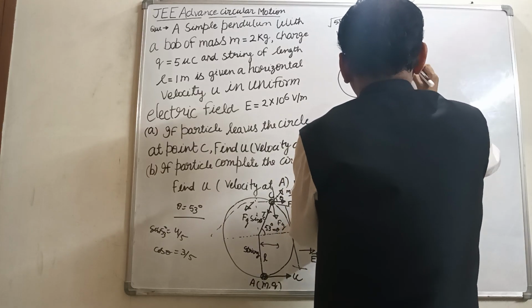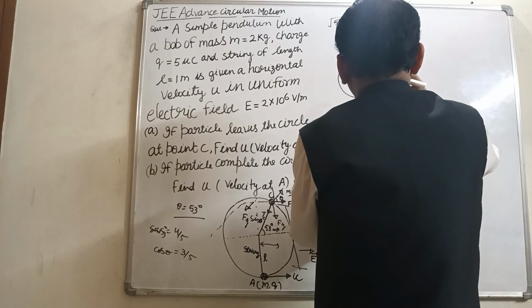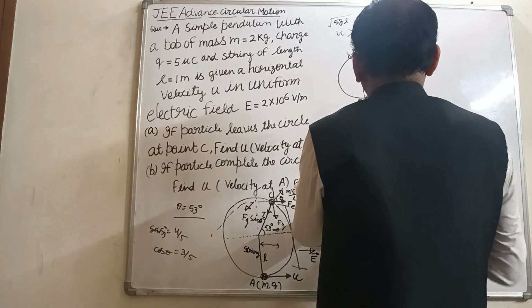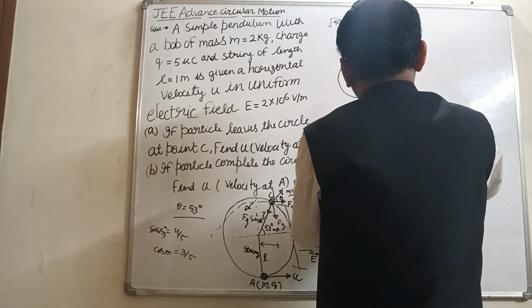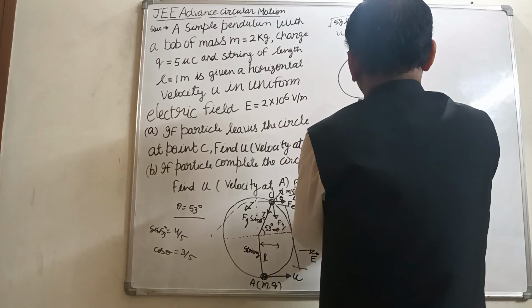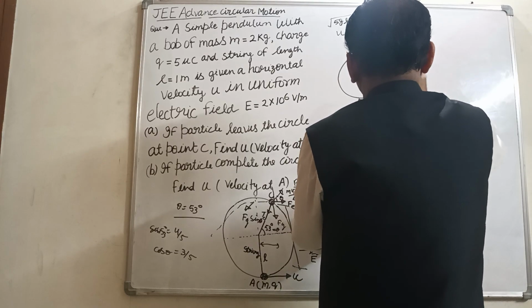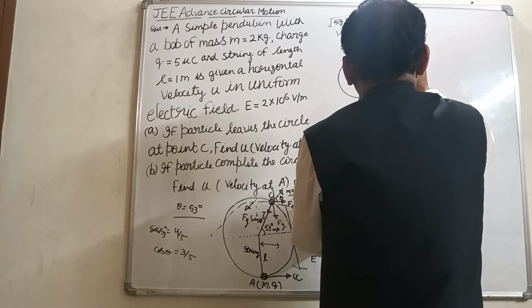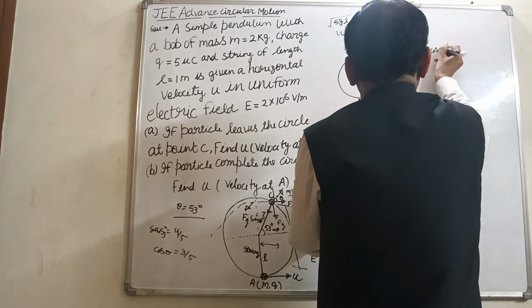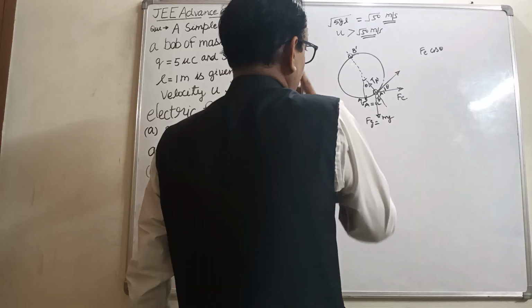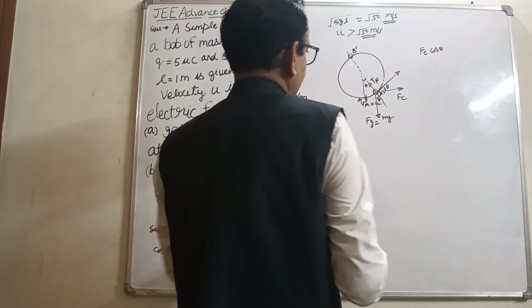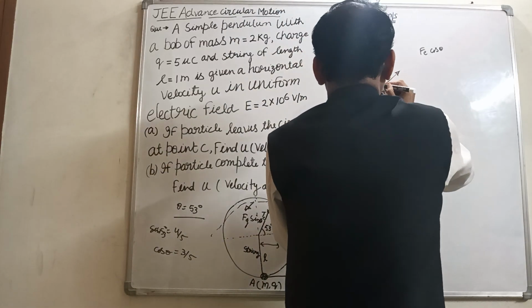mg, the tangential component. This angle is theta, so this angle also is theta. So Fe cos theta, the tangential component is Fe cos theta. Here the tangential components cancel out each other in this equilibrium position.